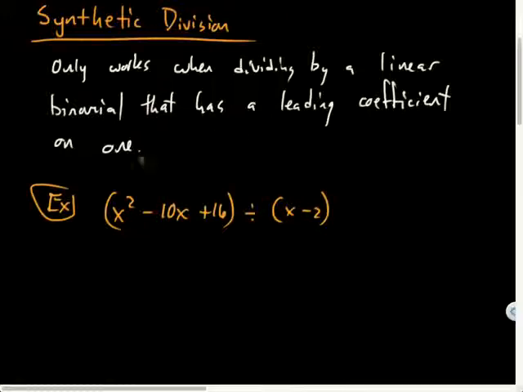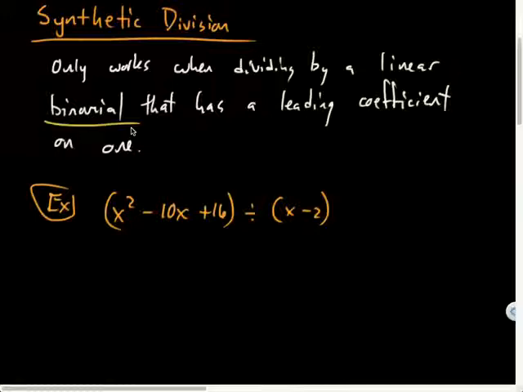Binomial. So let's see. What am I dividing by? I'm dividing by this. Is what I'm dividing by linear? How do I know? What's its degree? 1. There's a little invisible 1 there, and that's linear. So it meets that requirement.